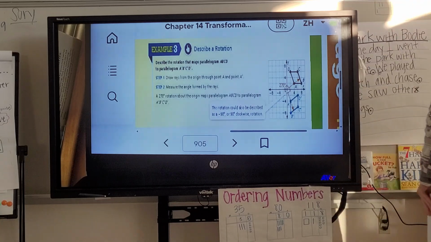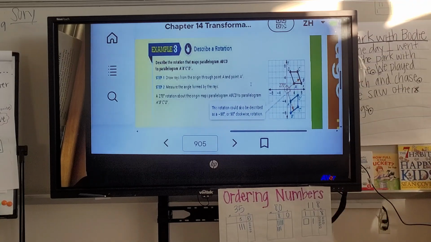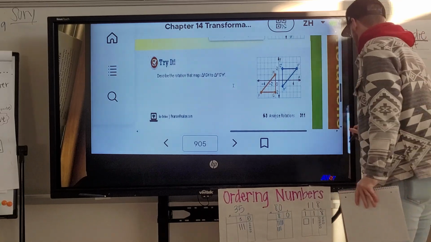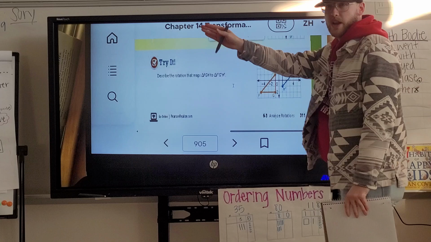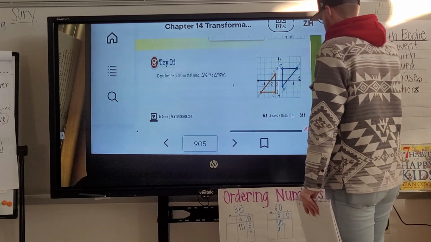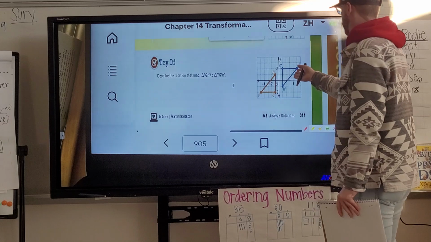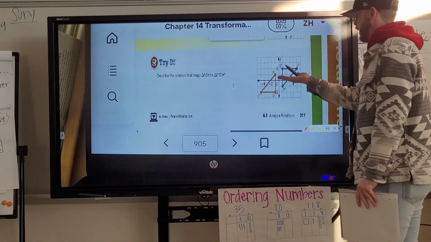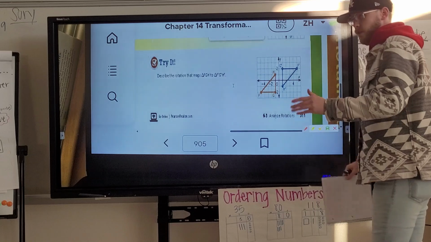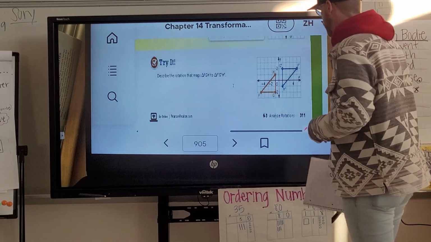So we're actually going to, let's see, I'm going to freeze this. Let's use the rays method. I have here a triangle, and it has been rotated to the left. So I know it is a positive angle of rotation. It's going counterclockwise.